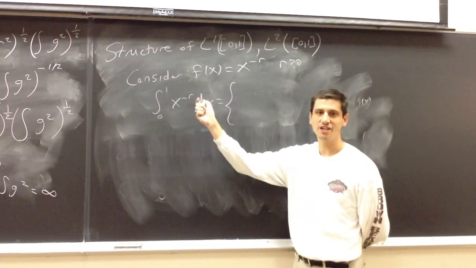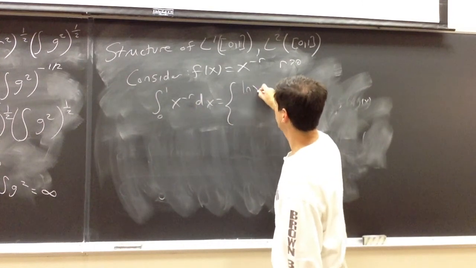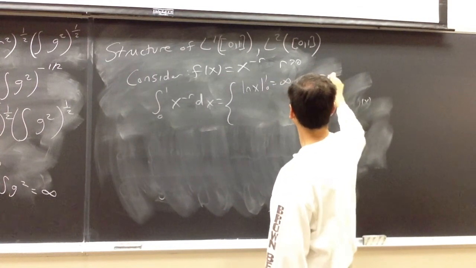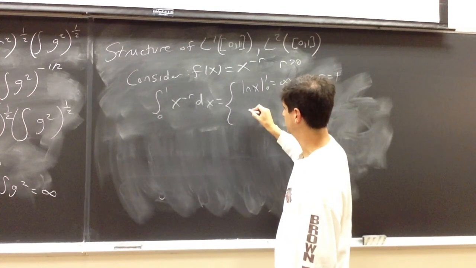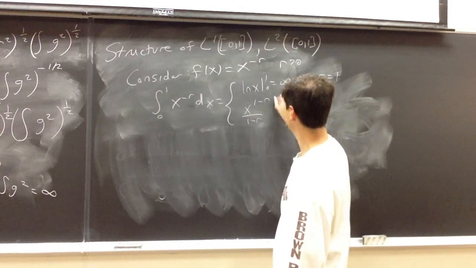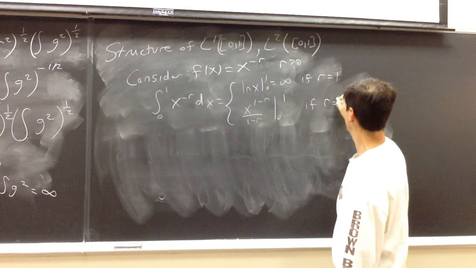Because if I have 1 over x, I have to remember this is the natural log. So I would get natural log of x from 0 to 1, which is infinity, if r equals 1. And then I would get x to the 1 minus r over 1 minus r from 0 to 1 if r does not equal 1.